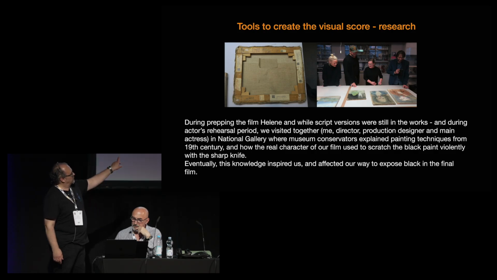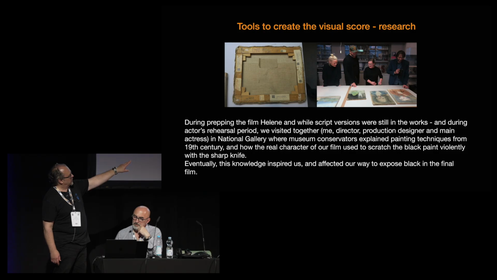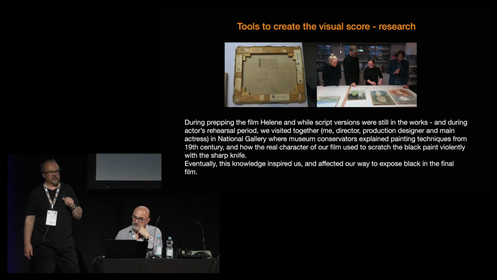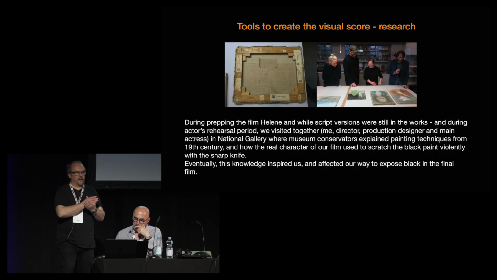There's the main actress, the director, the conservator, and the production designer, and I was there as well. And actually, the way the painter used black, she was scratching the black paint with a sharp knife. That affected our decision on how we could use the black. It was of course a production design matter, but also a decision on the color grading, how we use the black.